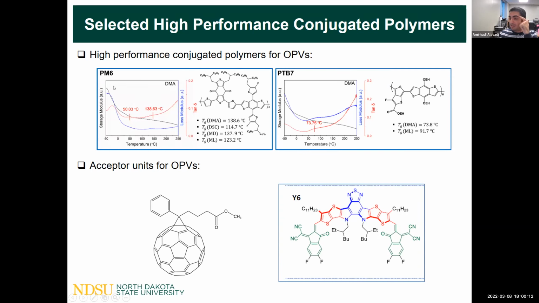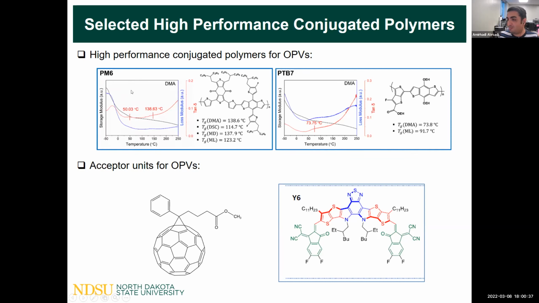So besides PM6 and PTB7, the most brand new acceptor unit is Y6 here. So I replaced the ITIC from previous work with Y6 from the Y family acceptor units. And today, the PM6 Y6 blend is state of the art in organic photovoltaics.